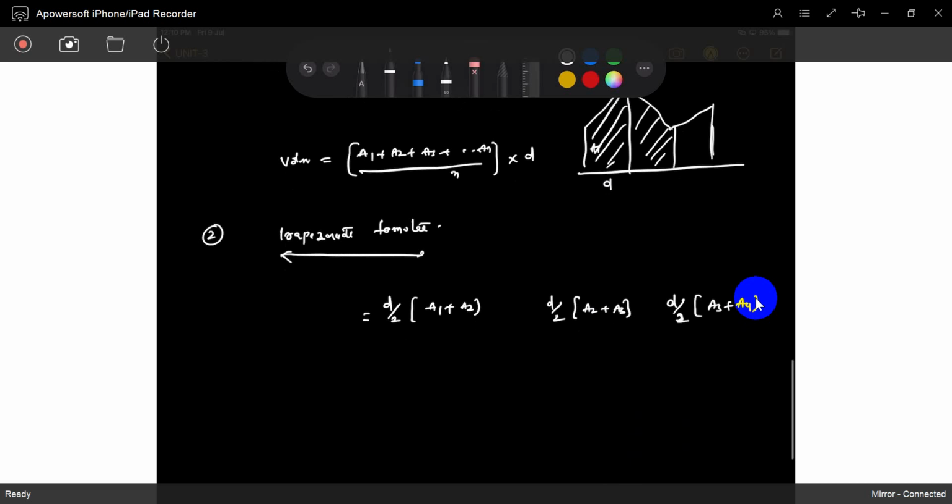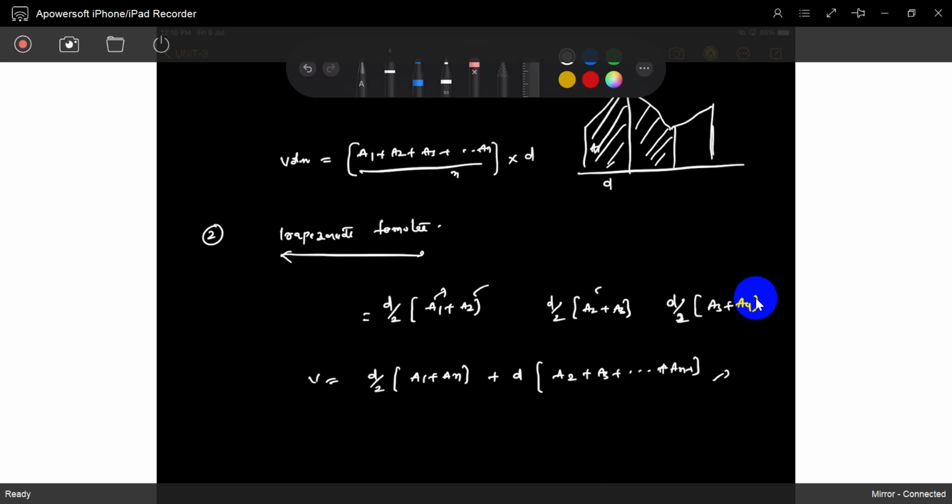So finally, what is the volume? It is d by 2 of A1 plus AN. These come only one time, the first and the last. The remaining come two times: A2 plus A3 plus up to A(N-1).